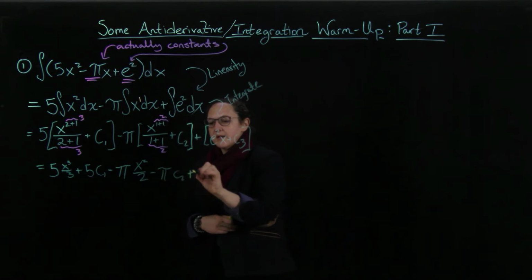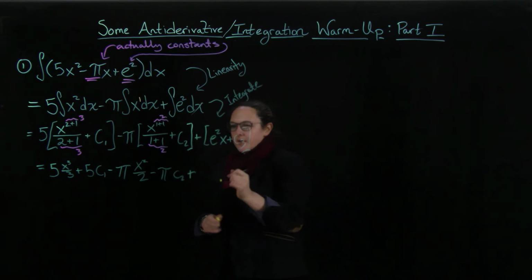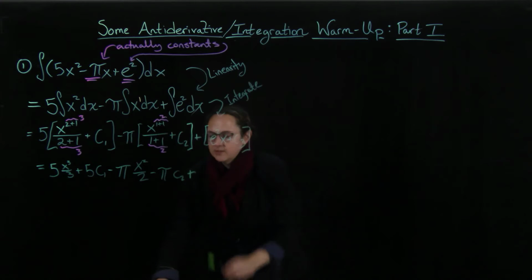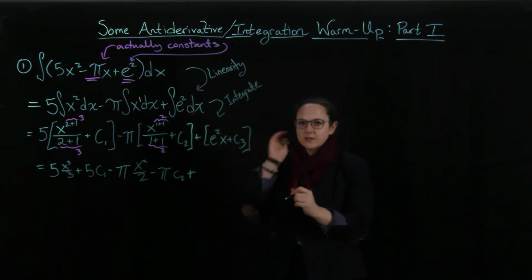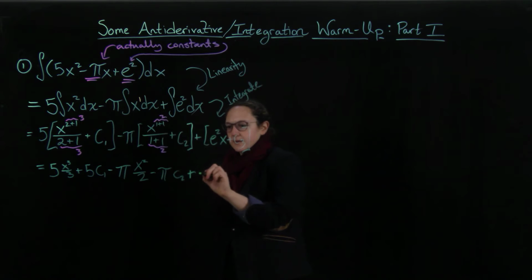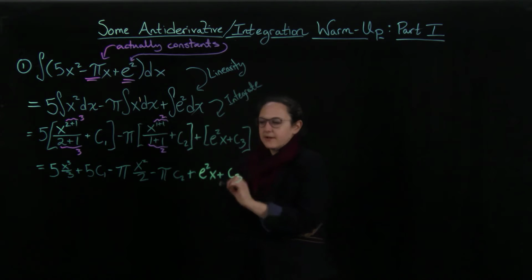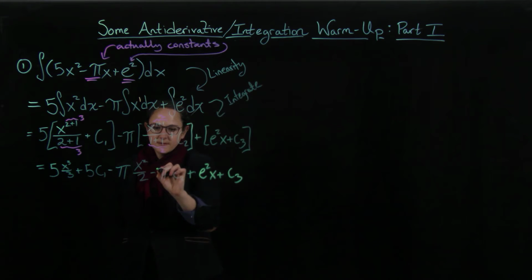And then I can go plus, and I'm mildly unhappy with this, so the color is going to change a little bit. Okay, so then I just have e squared x plus C3. See, this one's a little brighter. Then that's going to be a little easier for you to see. So this is like a pi.